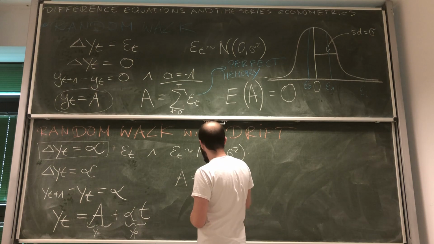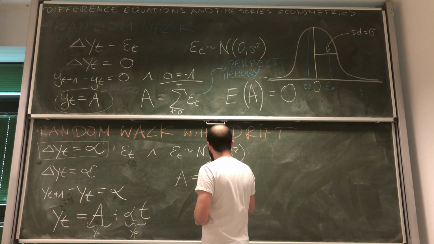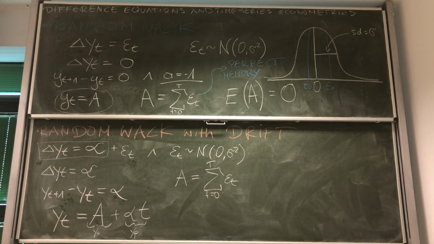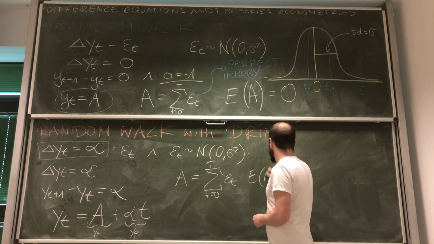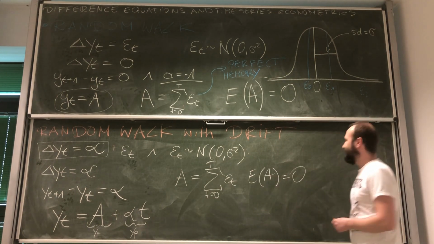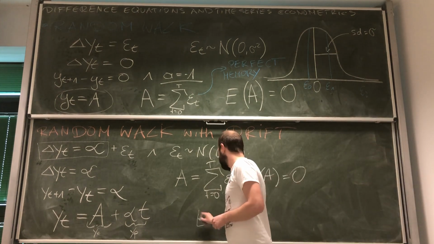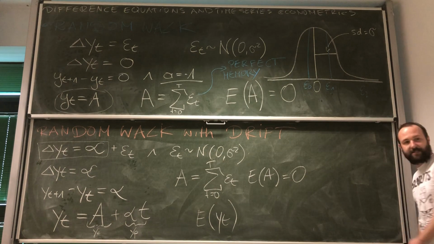So a is simply the sum of all the past shocks, and the expected value of a at any time is 0, right? But in this case, what is the expected value of yt at any time t?